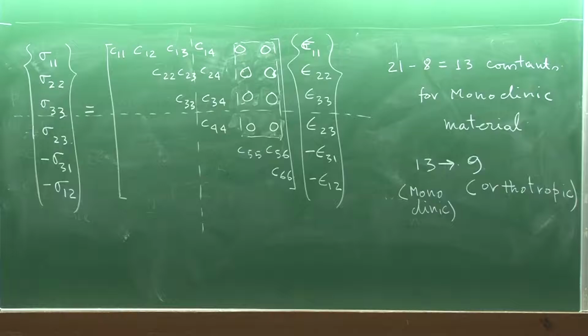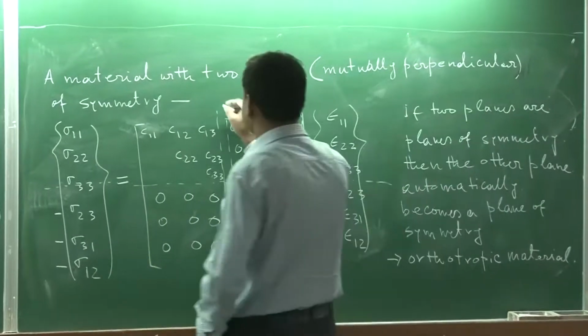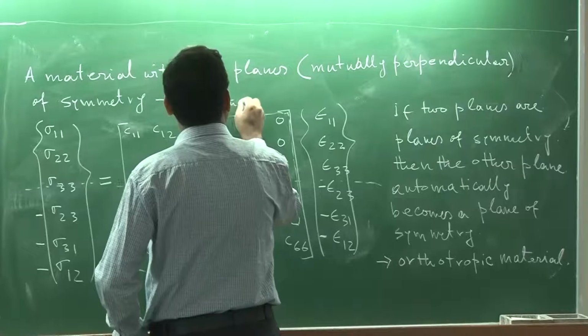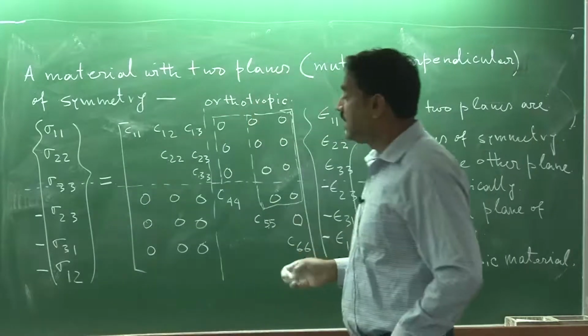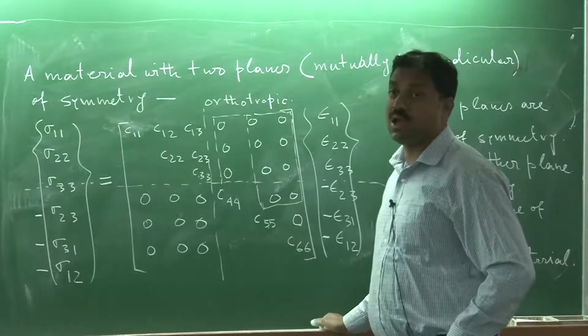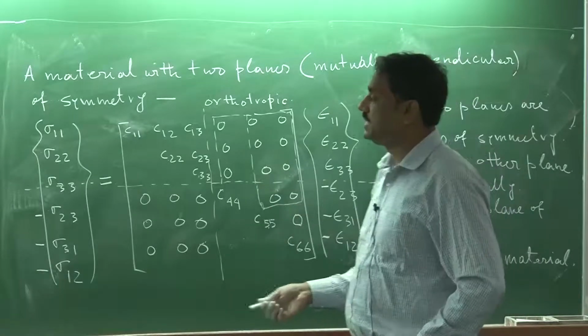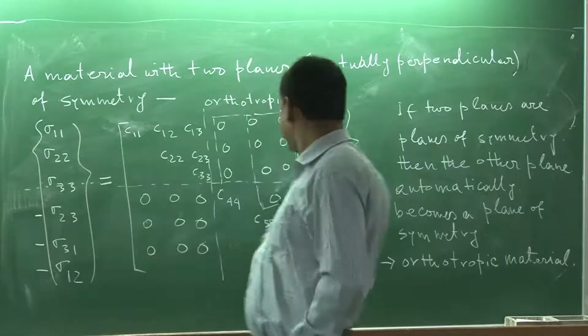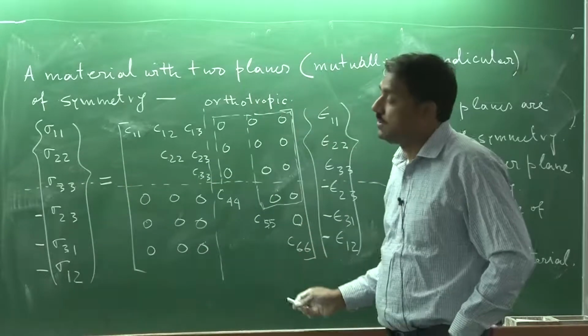It is very interesting to see that for an orthotropic material, the shear stress and normal stress are uncoupled here. When it is 0, that means the shear stress will produce only shear stress, and the normal stress will only produce normal stress. Do you see that?